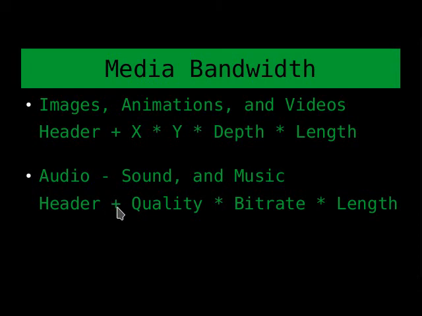Your header is negligible. Usually in most formats it's very small. You've got your quality, which is like how many bits are they using to define what your sound is. Are you using just 8 bits to tell where your wave is? Or are you using 16 or 32, 64?